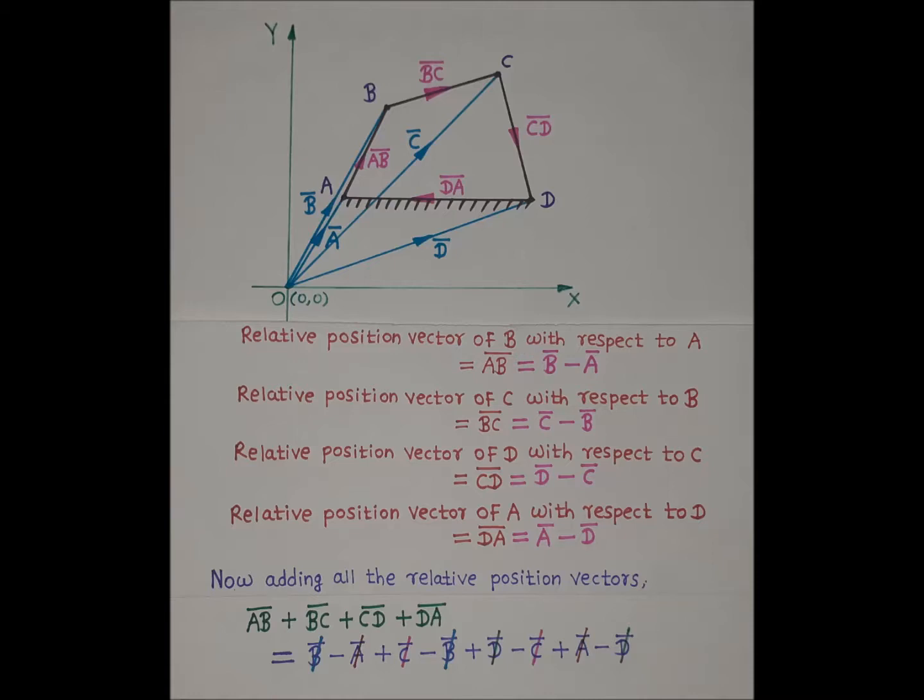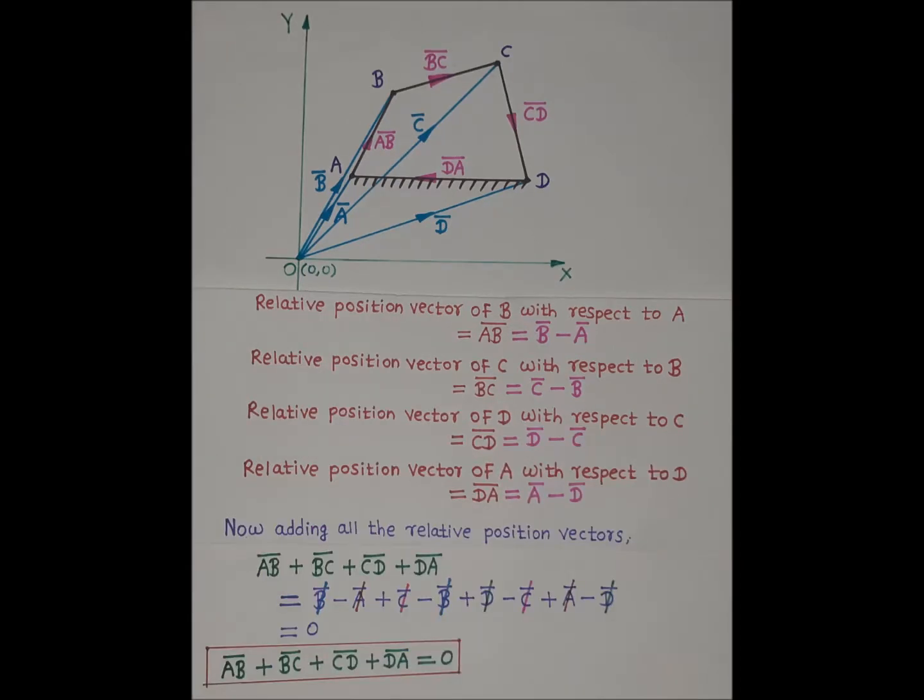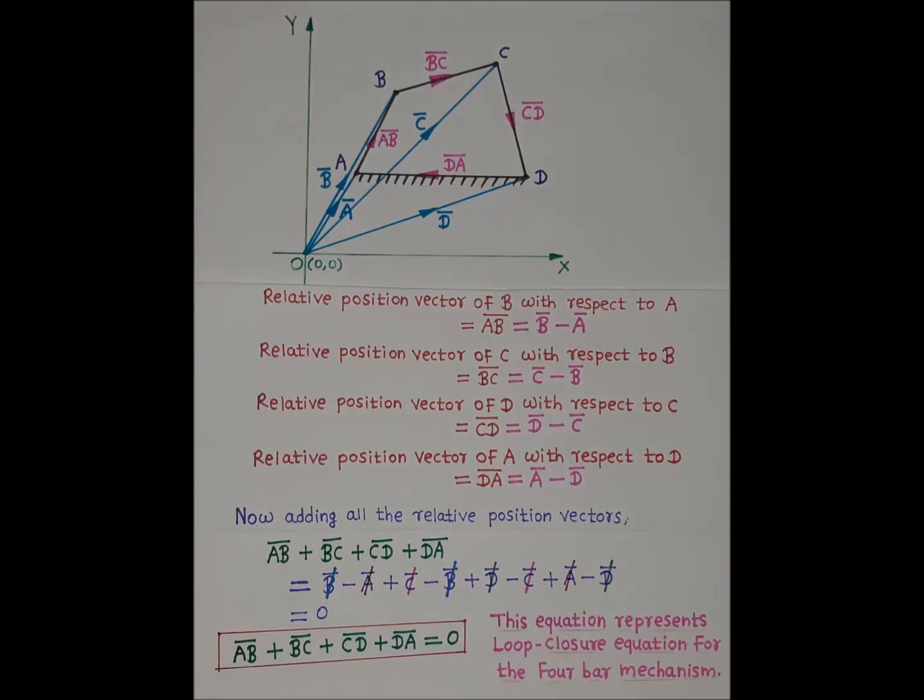Okay, so what we will have on RHS is 0. Okay, so we will have relation in this format: AB bar plus BC bar plus CD bar plus DA bar equal to 0. Okay, so this is the equation which we are having with us.